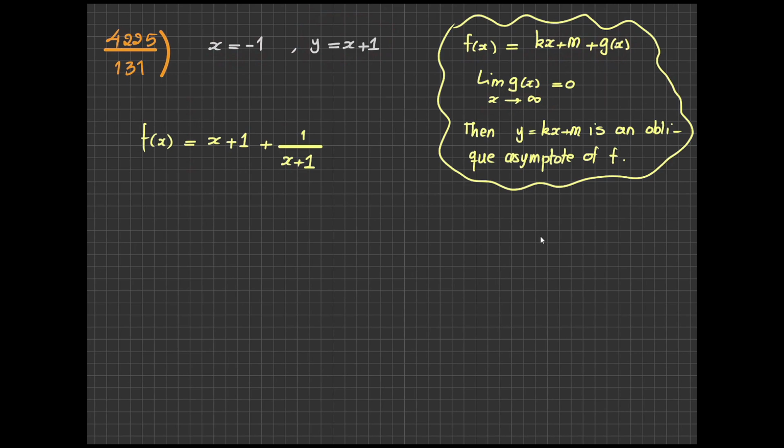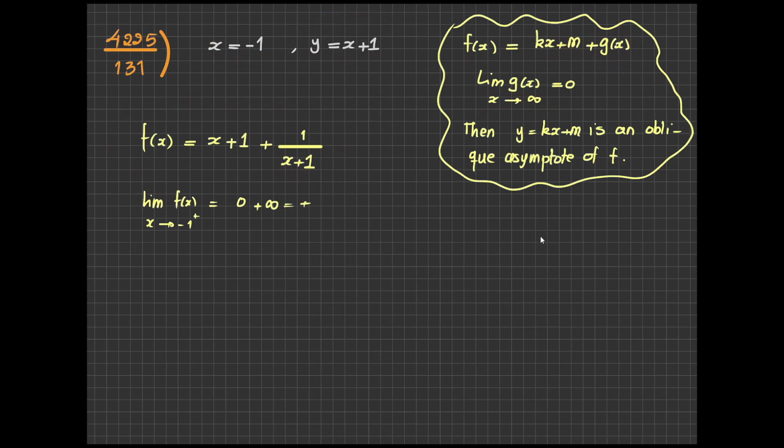So let me just ask the other way around. Assume that I give you this function and I ask you to find asymptotes for this function. Okay, so you immediately can see that x equals to minus 1 is a vertical asymptote. Why? Because the limit of my function when x goes to minus 1, for example, from the right, it becomes 0, and then this becomes plus infinity.